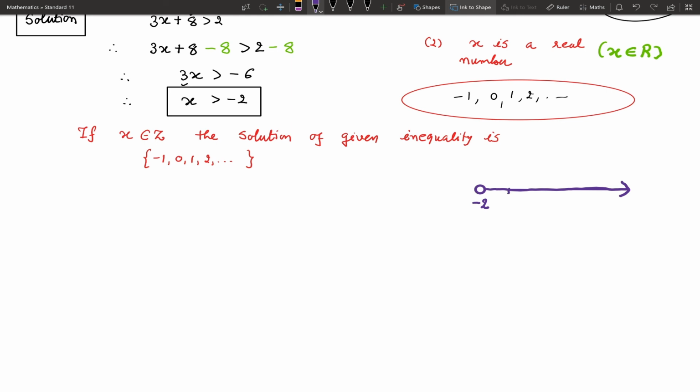So here there will be minus 1, 0, 1, this is plus infinity, here real line, so this will be minus infinity. When we show graphically in future, the solution portion will be denoted by a bold line.